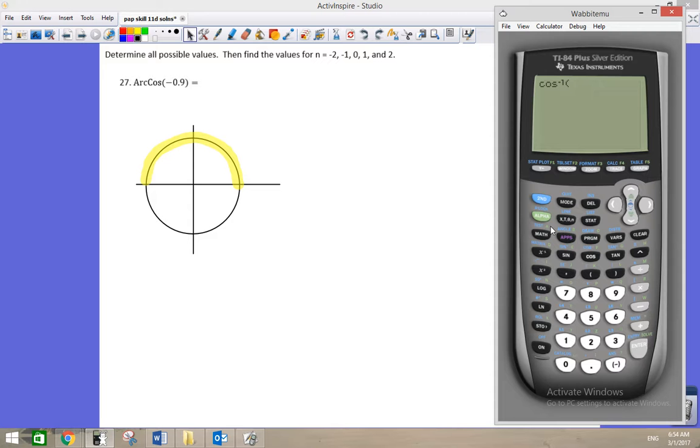The inverse cosine of negative 0.9. I claim that there's only one answer to this. It's the angle 2.6906 radians, and that's this angle right here, and that's it. That should be the only solution.